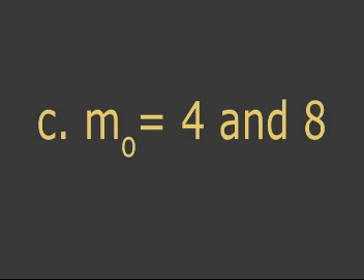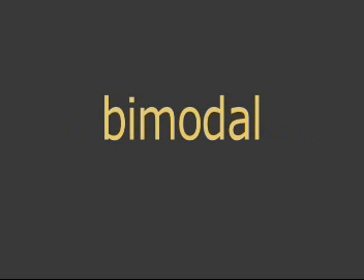In the second question, every number is only there one time. This has no mode. The next question has 2 values, 4 and 8. This is called bimodal. That is, the data has 2 modal values.